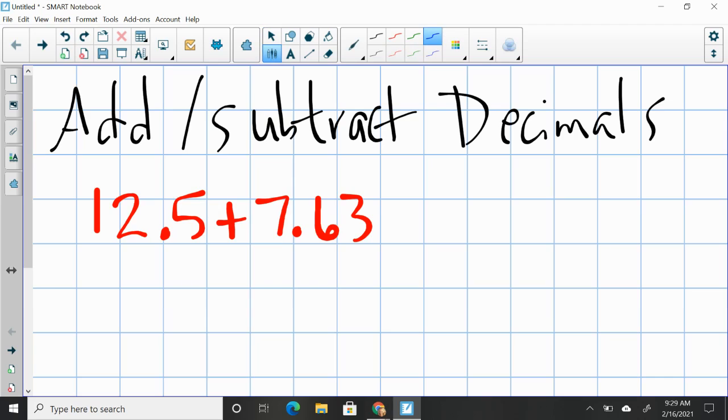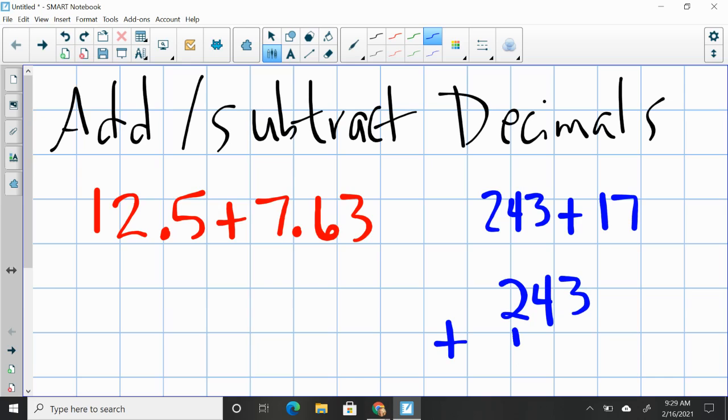And the reason for that is because when we have, let's take a whole number, 243 plus 17. We don't write it like this, do we? No, because our place values are not lined up. I've got hundreds here, and I'm trying to add that to ones here.